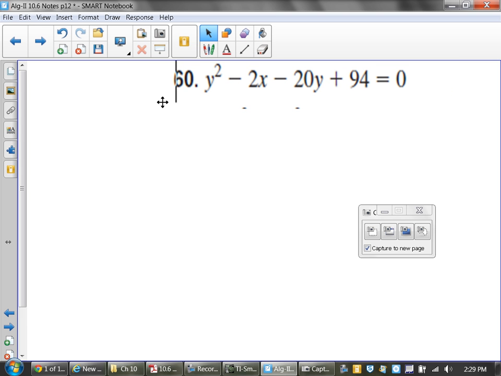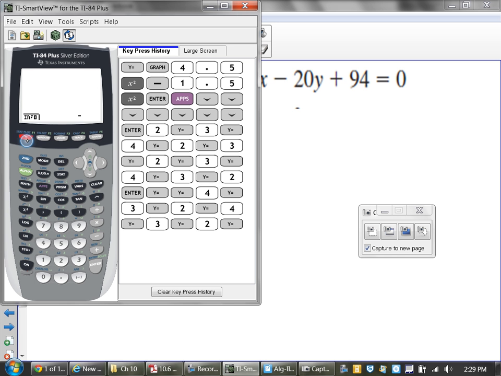Number 60. You can tell right away what it's going to be. Parabola. It doesn't matter if there's a subtraction there. Notice how there's only one squared term? Because of that, it's a parabola. A parabola only has x squared or y squared. It doesn't have both.